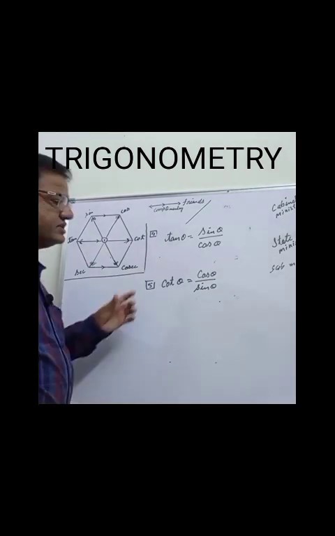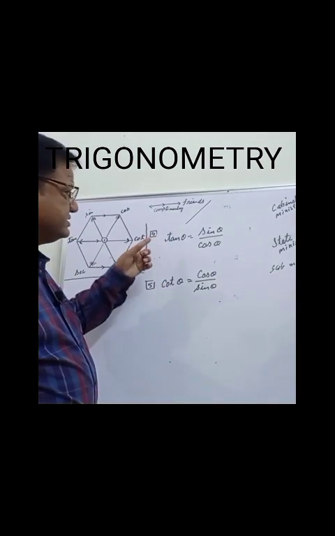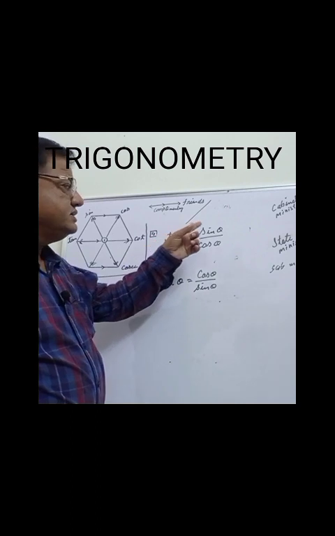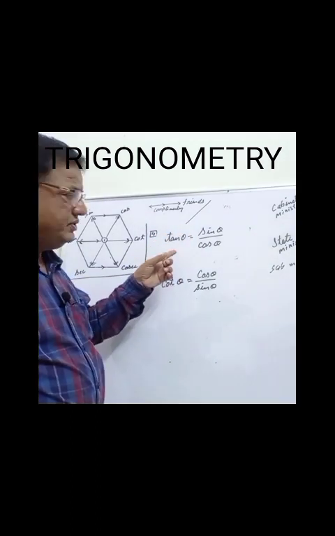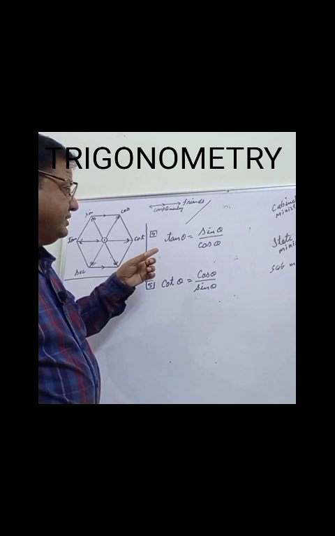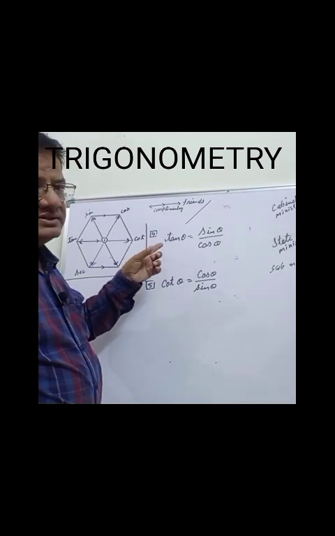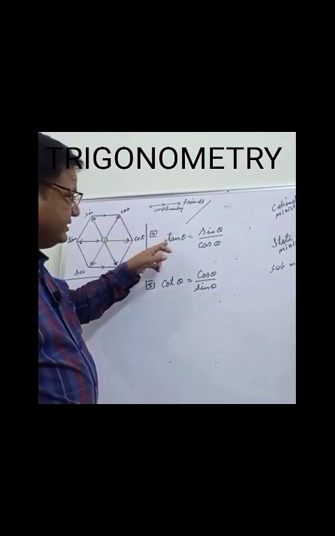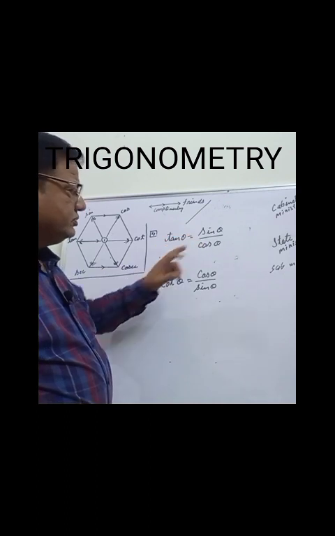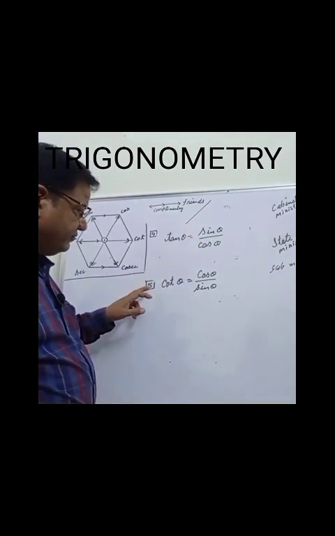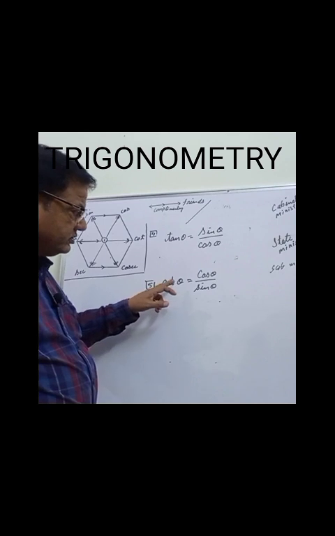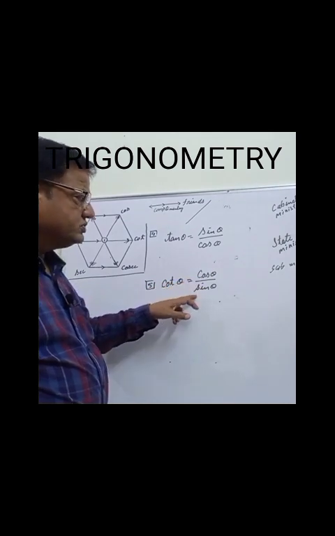Our fourth equation under trigonometry is tan theta equal to sin theta upon cos theta. It is a very important identity. And fifth, cot theta equal to cos theta upon sin theta.